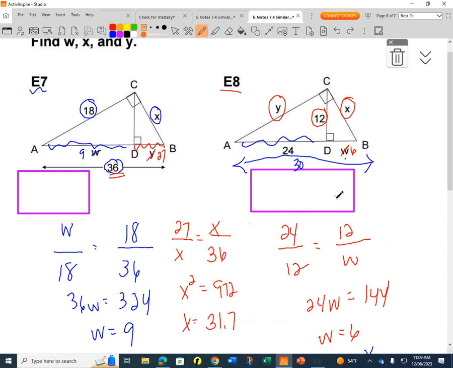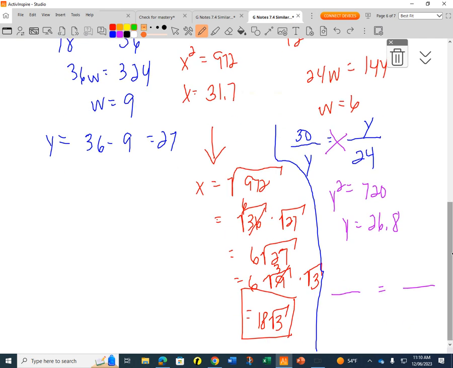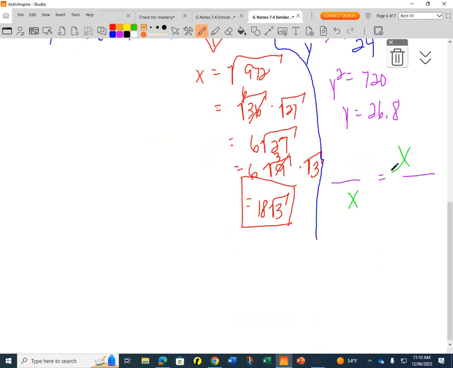Wendy, do you know? No. Kyron, do you know? 30 and 6, yes. So this is the one we're solving for. The segment of the hypotenuse that it touches is 6, and then we use the whole length of the hypotenuse. So it's going to be x and 30 and 6. So multiply, x squared equals 180, and we're going to take the square root of 180.